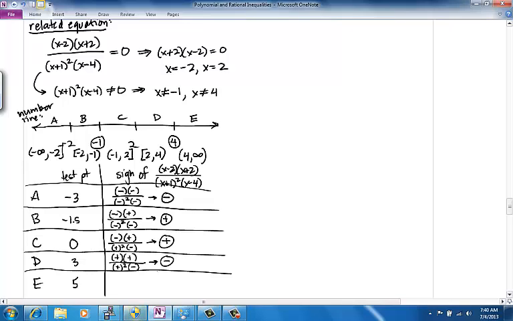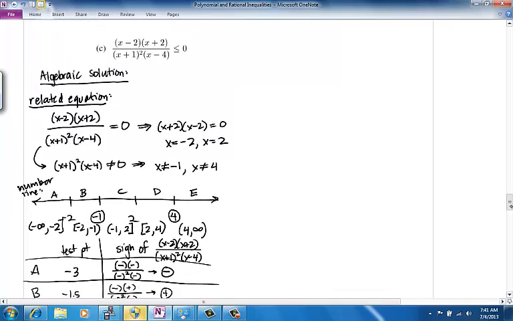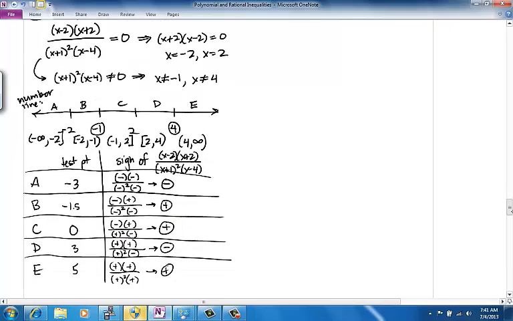And then when I get to 5 or anything else in interval E, each factor will be positive. So the quotient is positive. Then we look back to what we were looking for. We wanted to know where this expression was less than or equal to 0.